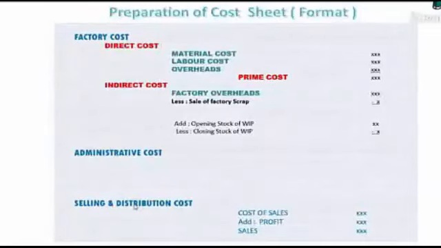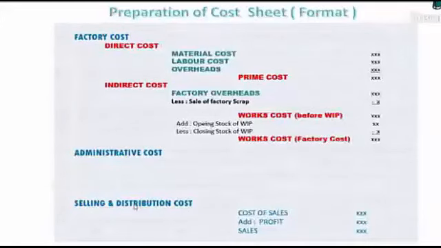Now whatever I'm telling now are the technical things, adjustments which are required. At this juncture, you just try to understand what is the classification of cost. But at the same time, I'm showing you what is the format of a cost sheet. So slightly going ahead, this is the way the calculations are done when you prepare a cost sheet.